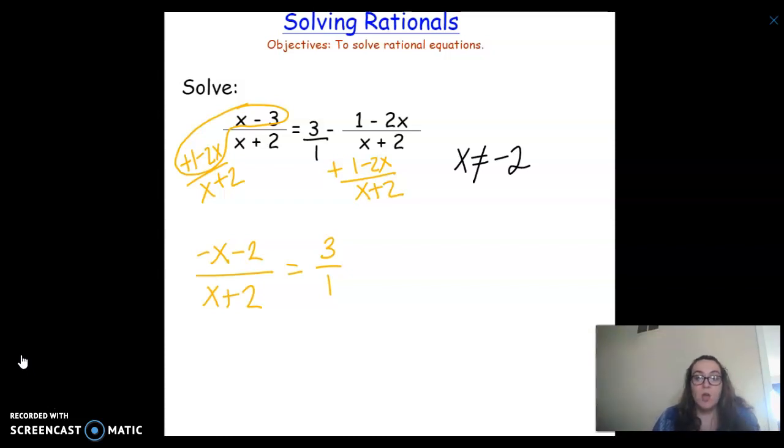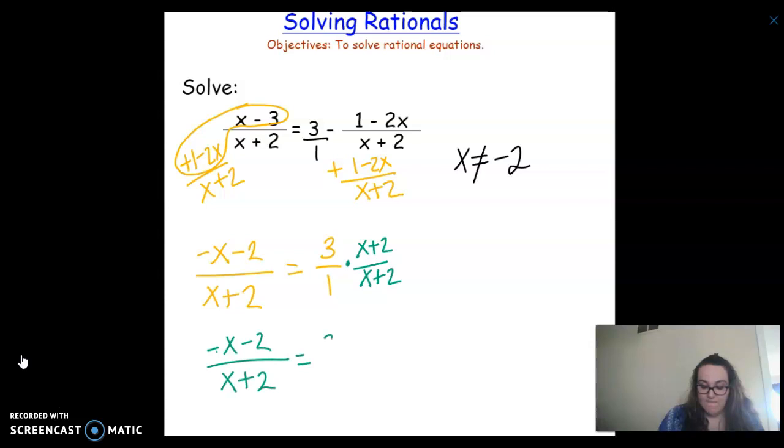Right here, if I want to get them to be a common denominator, I can go x plus 2 over x plus 2 so that I have this. When I have those same denominators here, I have a pretty basic equation. I don't need the over part anymore. Equals 3x plus 6.